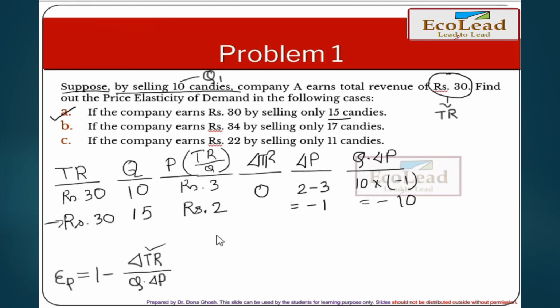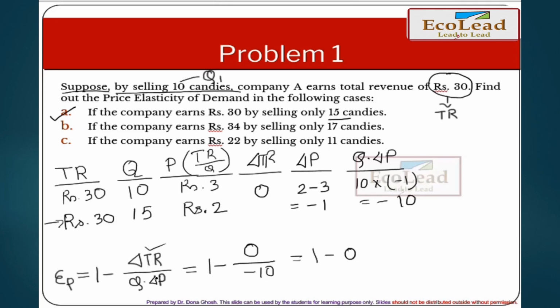Put this value in the equation, and we can get the value of the price elasticity. So 1 minus del TR, which is 0. Now the Q multiplied by del P, which is minus 10, will not have significance, because if the value of the numerator is 0, then definitely the ratio becomes 0.